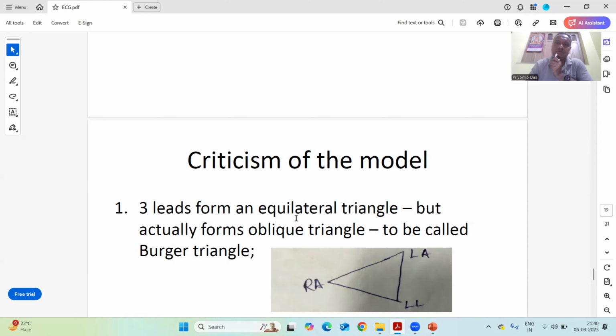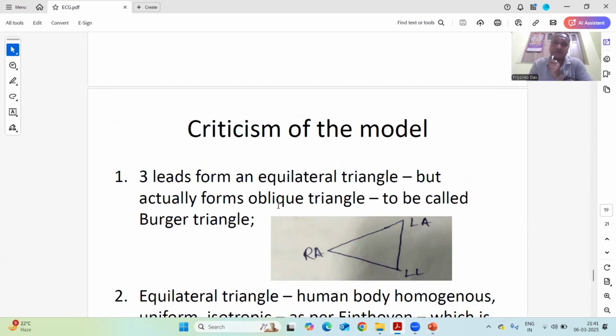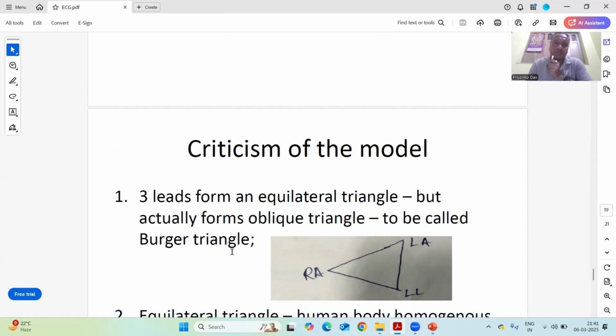But in practice, the triangle of left arm, right arm and left leg will not form an equilateral triangle, but an oblique triangle, or Burger triangle, whatever you may call. So his first assumption of an equilateral triangle is wrong. How can a model with a wrong assumption stand?